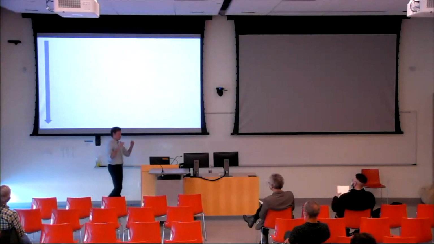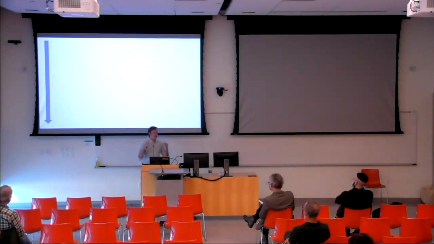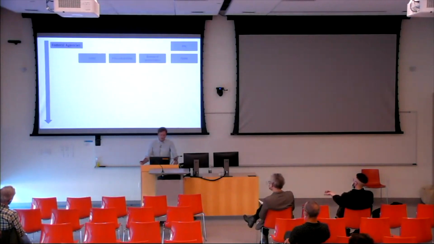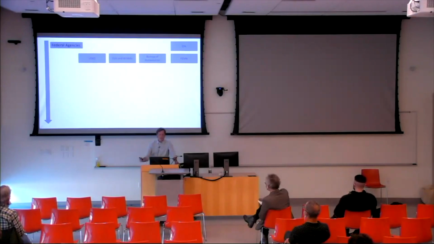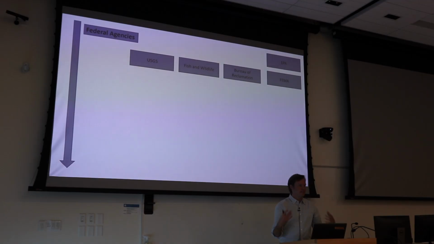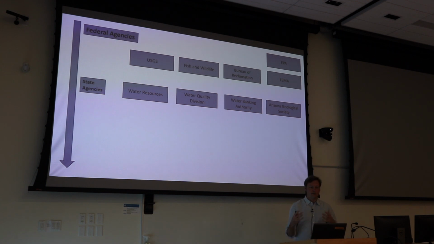And if you look at the structure of water management across the U.S., it just adds more complexity. So if we think about all the federal agencies that are responsible for managing water, we have things like the EPA, the USGS, Fish and Wildlife, the Bureau of Reclamation manages all the dams, FEMA steps in when there's flooding. It's a lot of federal agencies who then have to interact with state agencies.